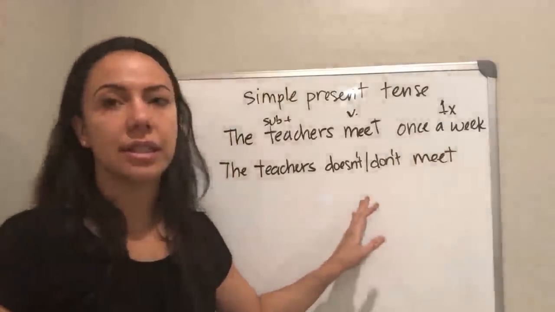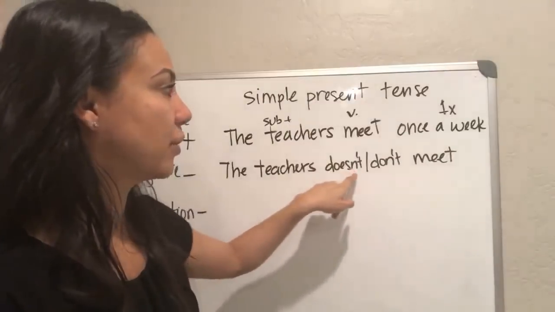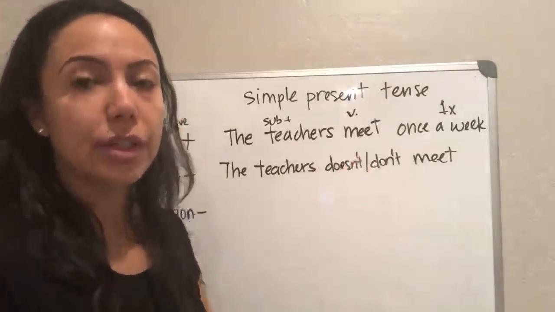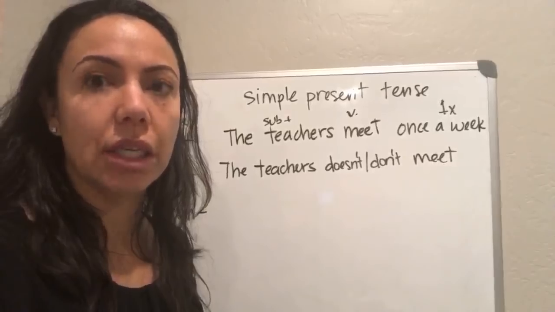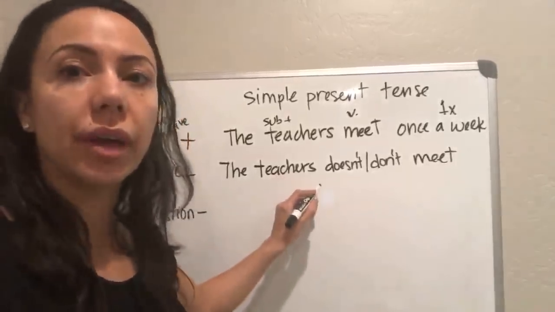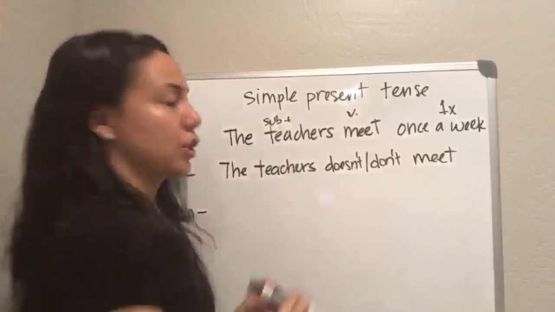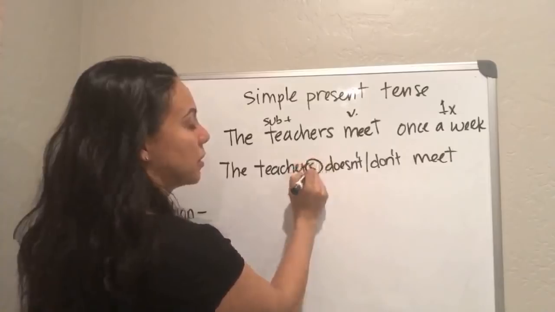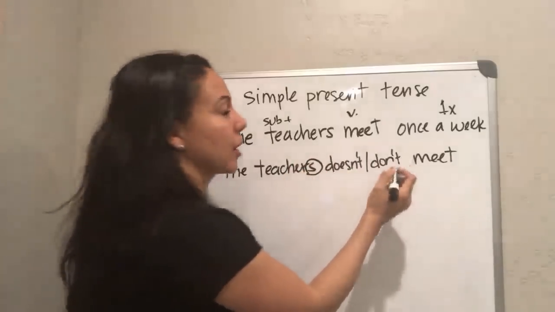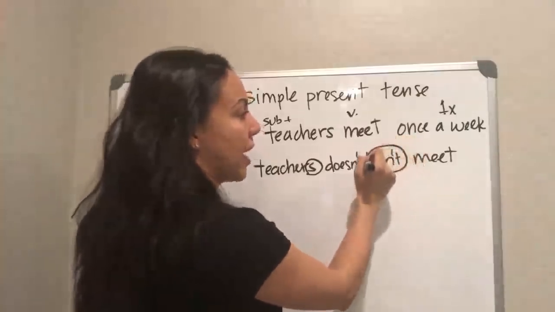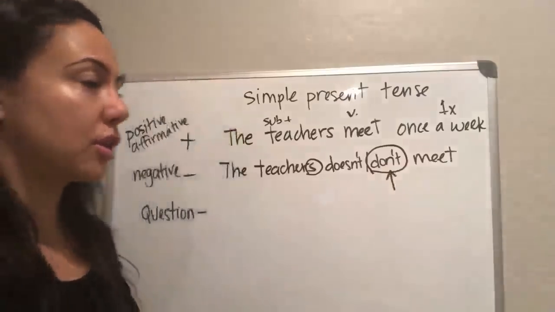Okay, so we need subject-verb agreement here. We need the subject and the verbs to agree. So some of you guys have written the teachers don't meet. The teachers, it's plural. So because it's plural, we're gonna go with the teachers don't. The plural is gonna take the don't verb form.